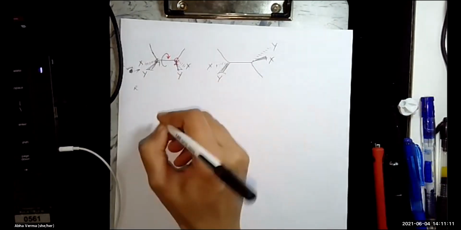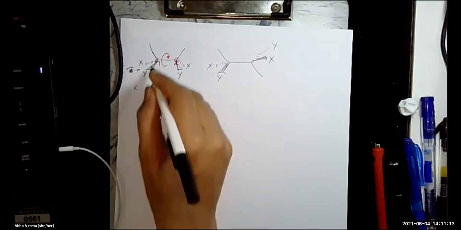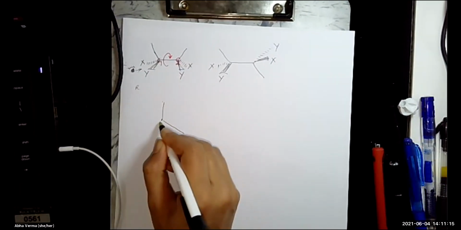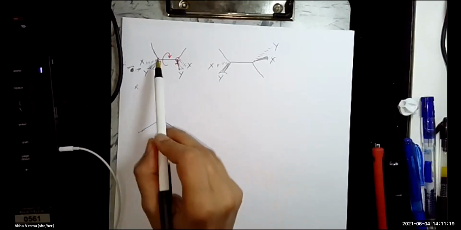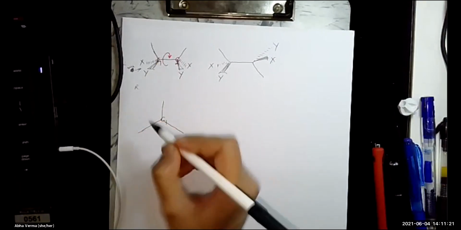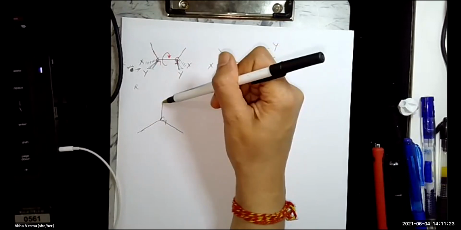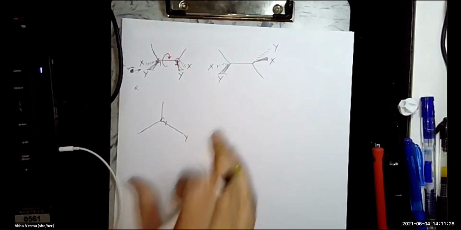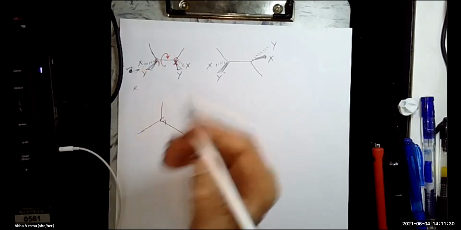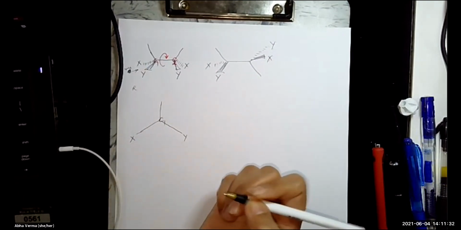This group is going up. One of the groups is going like this. One of the groups will go like this. This is my carbon 1. This group right here, my Y to my right as I'm looking at it, my X to my left.